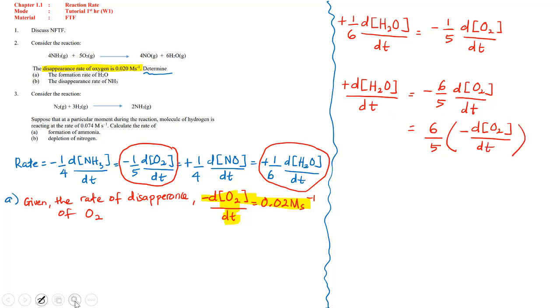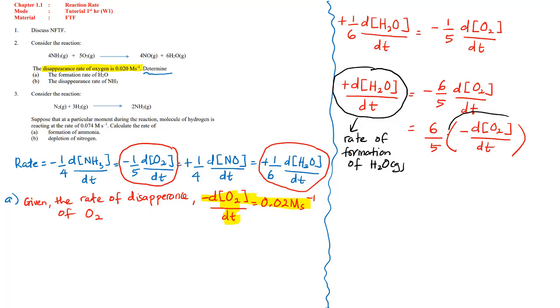Okay, apa maksudnya? Sekarang kita nak kira rate of formation of water. So, ini kita sebut sebagai rate of formation of water vapor. Ini yang saya bulatkan ini, kita sebut dia sebagai rate of disappearance of oxygen gas.